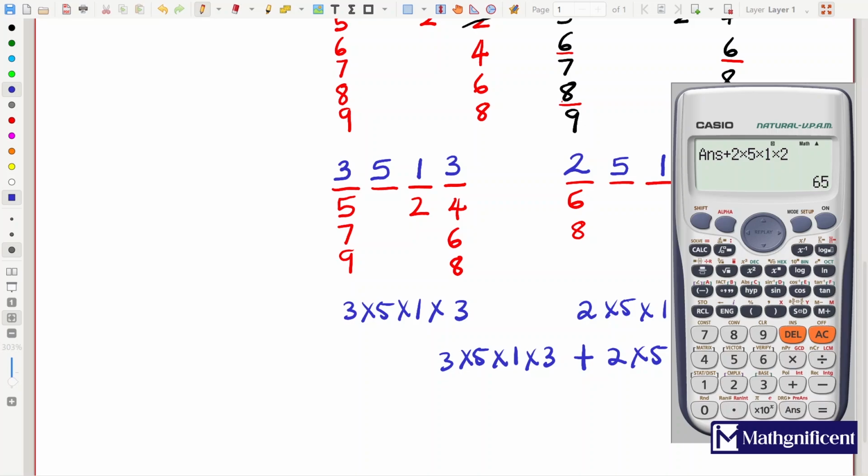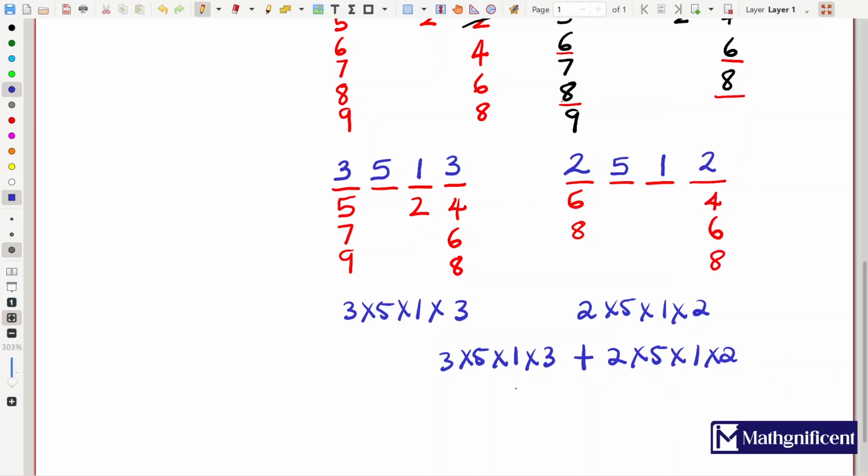And we get that this is equal to 65. So we write 65 here. So this means that this can be done in 65 different ways, right? Or we can have 65 different 4-digit codes, if we were to follow all the conditions.